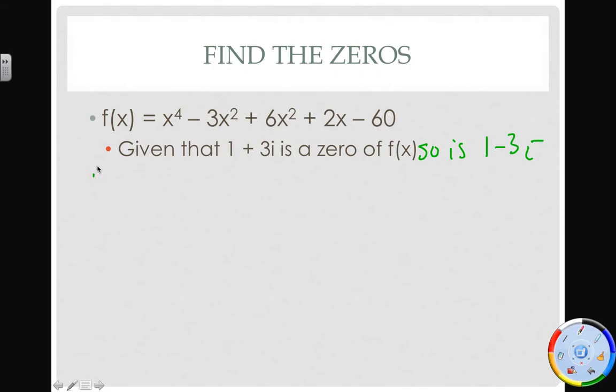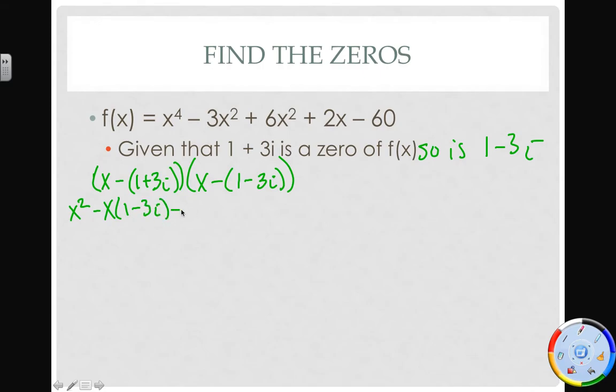Since they are zeros, I can write them in factored form, and I can FOIL them. I can say, okay, x squared minus x times 1 minus 3i minus x times 1 plus 3i plus 1 plus 3i times 1 minus 3i.